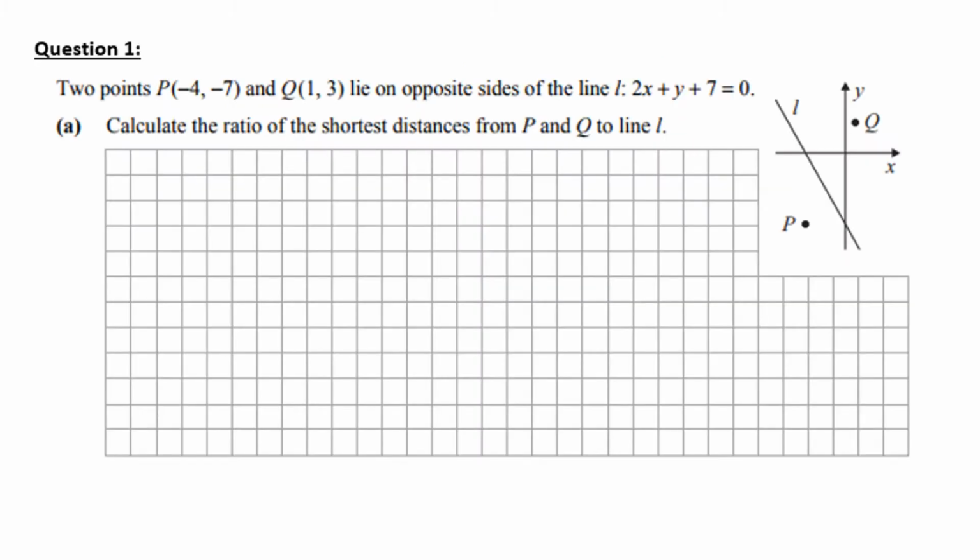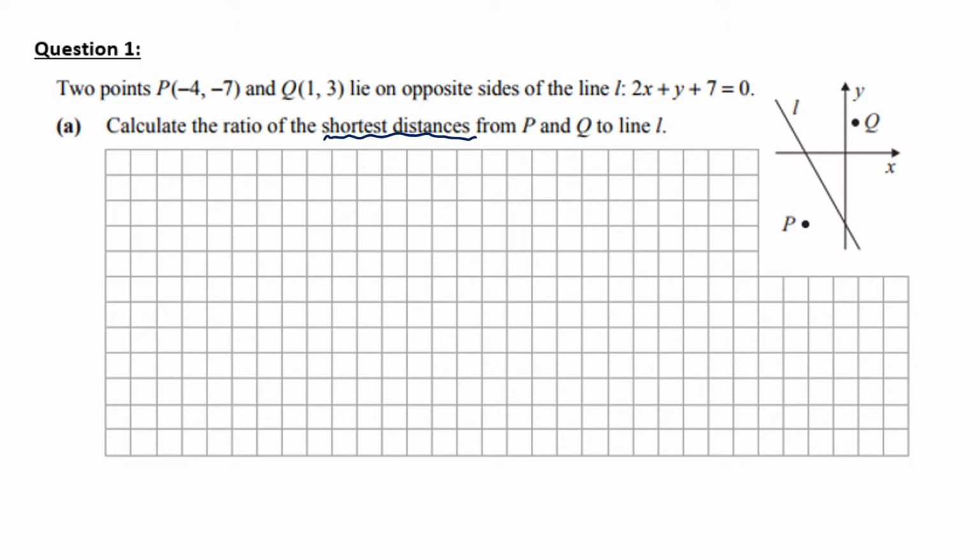So question 1, it says 2 points P, which is -4, -7 and Q, 1, 3 lie on opposite sides of this particular line. Calculate the ratio of shortest distance from P and Q to the line L. So when we see shortest distance, we need to think of our perpendicular distance formula. That's really important.